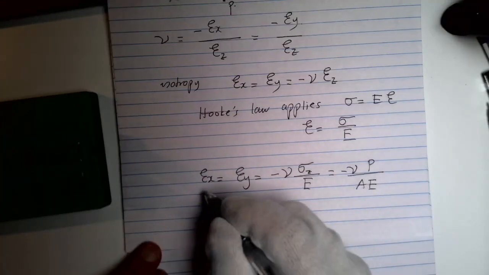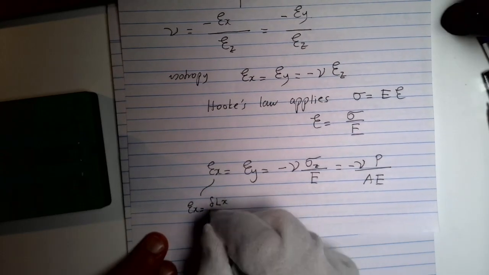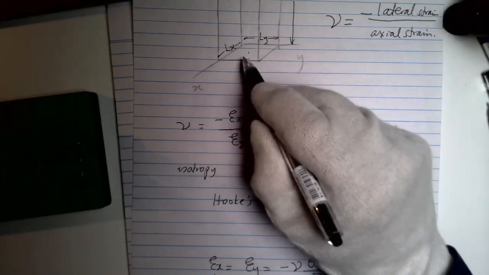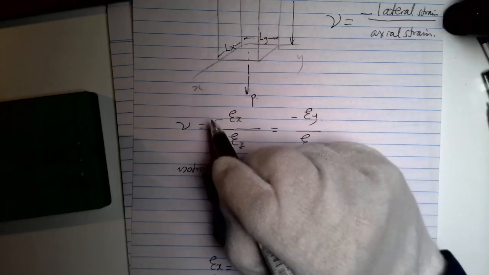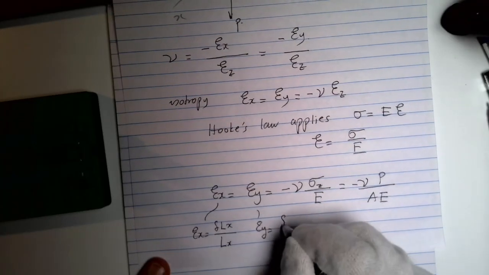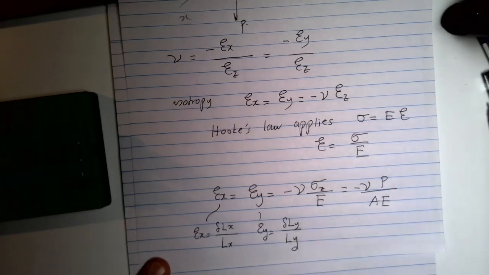Let's isolate: epsilon x is change in Lx divided by Lx, the change in x dimension divided by the original x dimension. Similarly, epsilon y is change in y dimension divided by original y dimension.